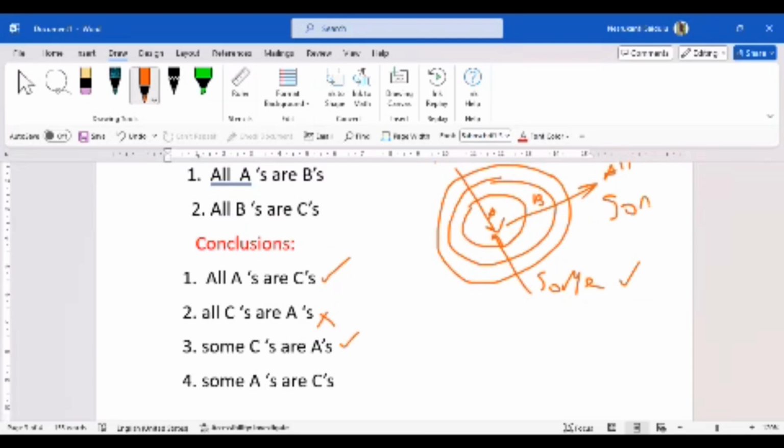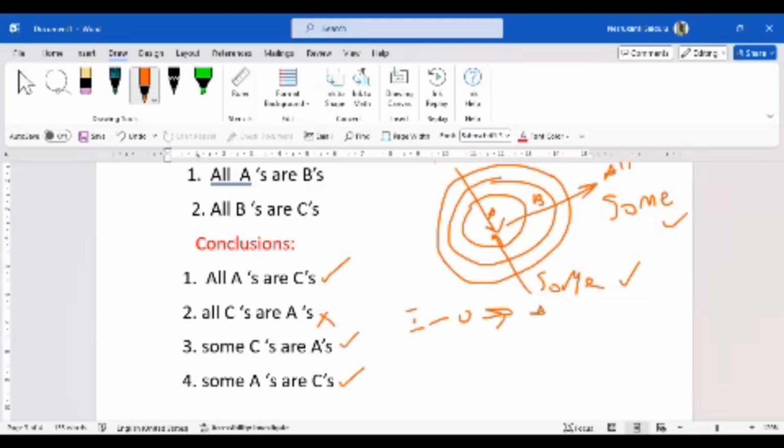So this conclusion is always right. What you have to observe in this question is what happens when you go from inner circle to outer circle.